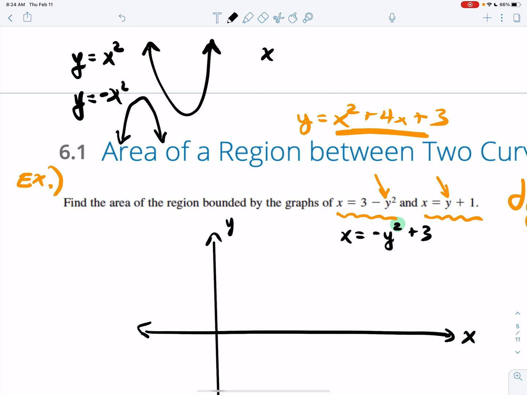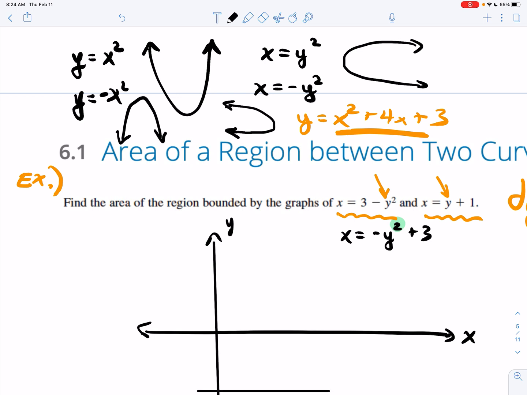What do you guys think happens if you have x equals y squared? Okay, well, actually, x equals y squared is still a parabola, but it opens up towards the right. Okay, so what do you guys think happens if it's a negative y squared? That's really just a parabola that opens up to the left. Okay, so I want you guys to at least understand how they got the picture that I'm about to show you, okay?